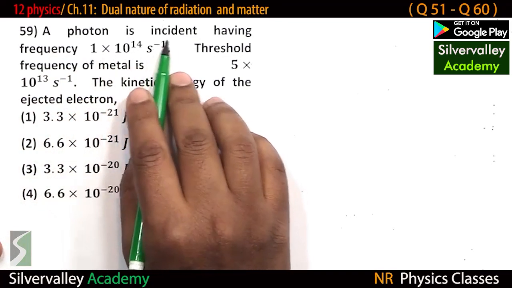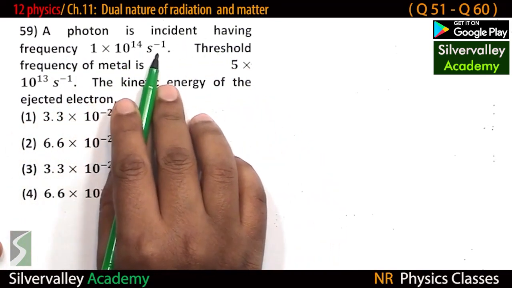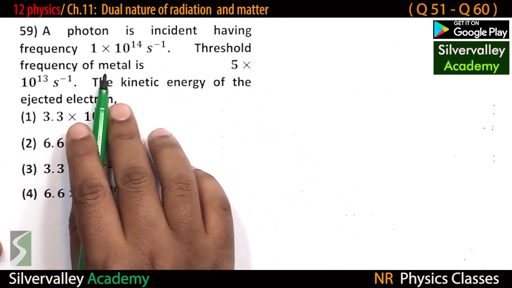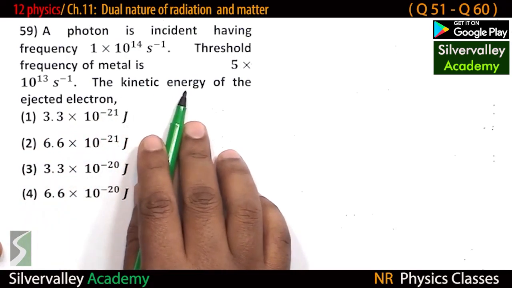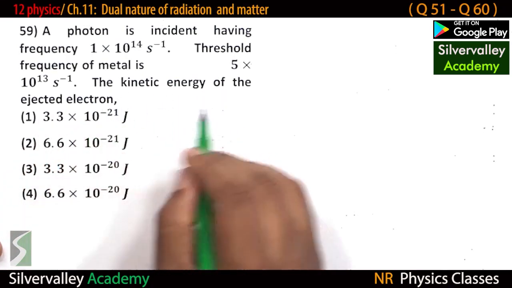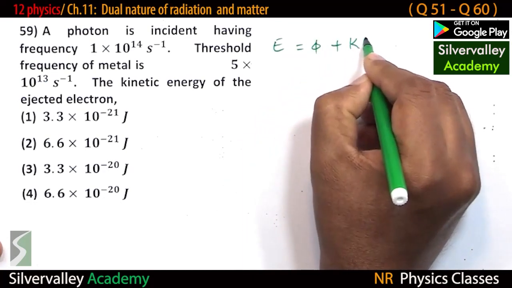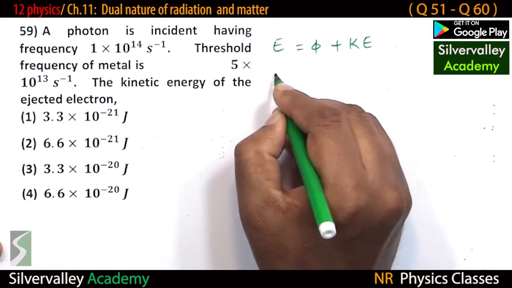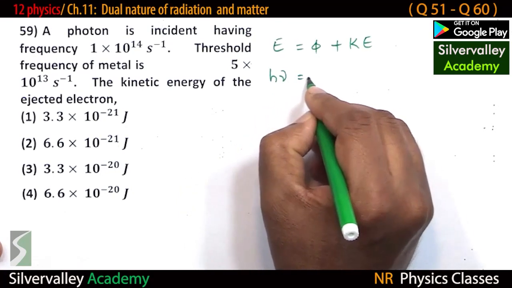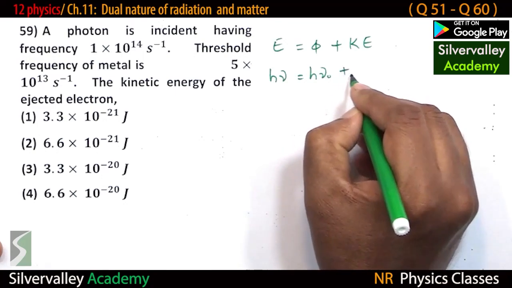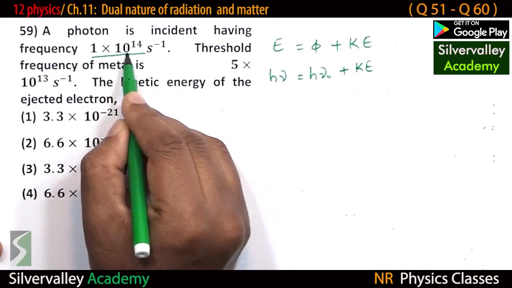A photon is incident having frequency 10 power 14 per second. Threshold frequency is 5 times 10 power 13 per second. The kinetic energy of the ejected electrons: E equals phi plus kinetic energy. In terms of frequency, h nu equals h nu naught plus kinetic energy. So incident frequency is 10 power 14.